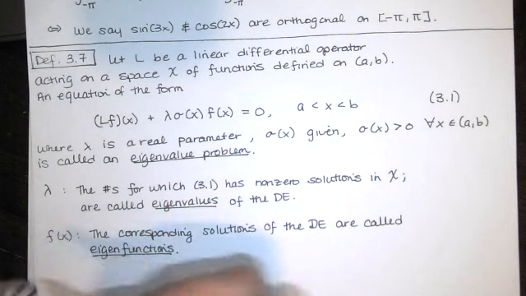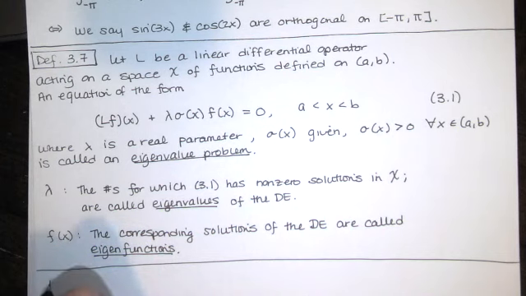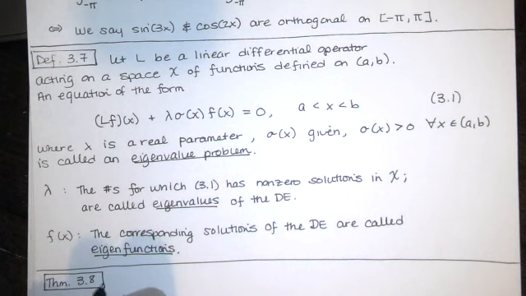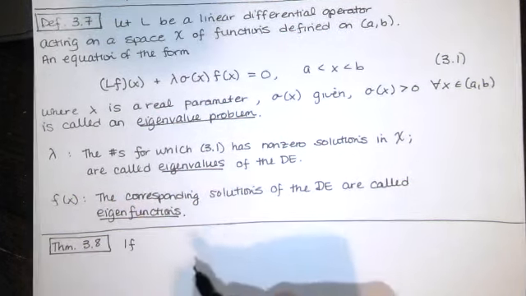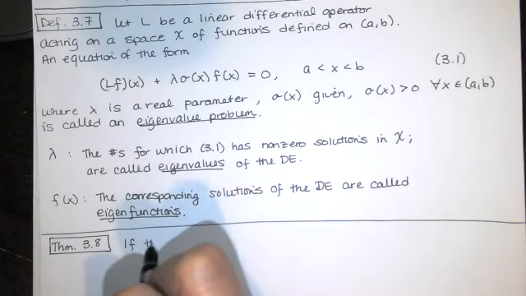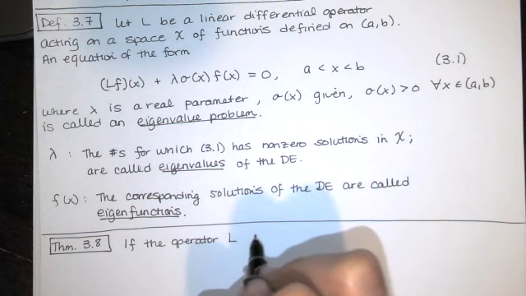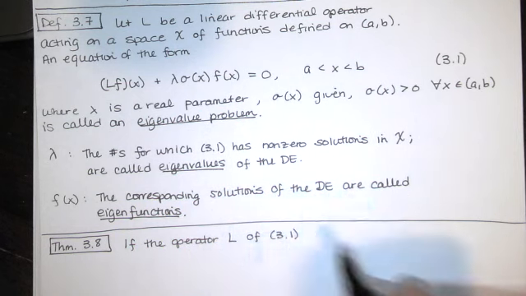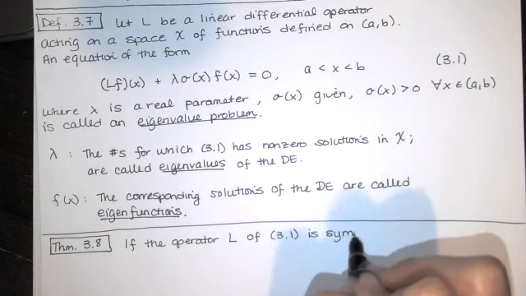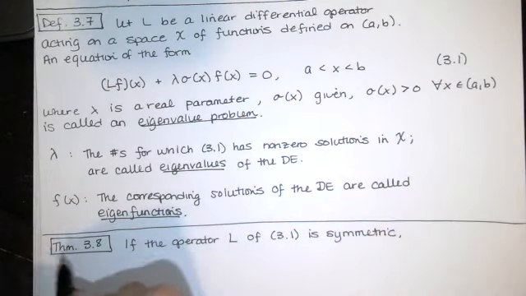So here is our next theorem. And this is why we had to talk about symmetry. If the operator L, that linear differential operator of the eigenvalue problem 3.1, is symmetric, then a few things are true.